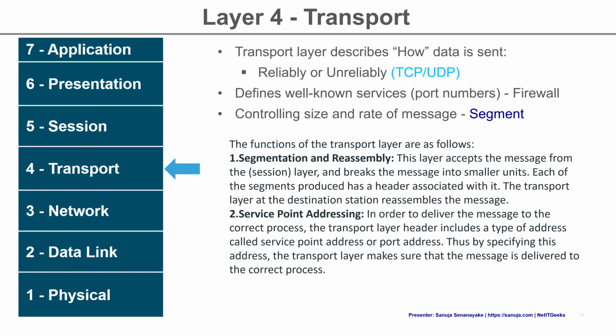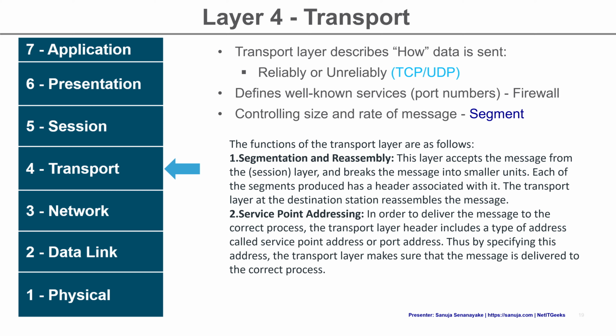It also defines well-known services and port numbers that are associated with firewalls. What that means is that not only do we know whether we're going to be using TCP or UDP or both to communicate in the transport layer, we are also defining port numbers.